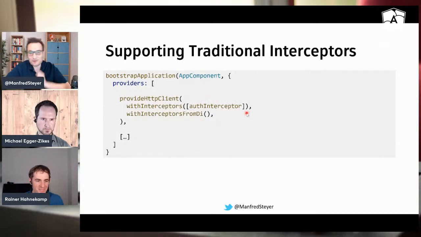There is another thing you can do. You can provide another HTTP client for a lazy part of your application. And in this lazy part, you can provide further interceptors.